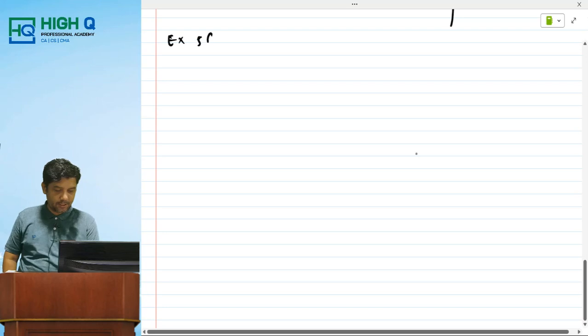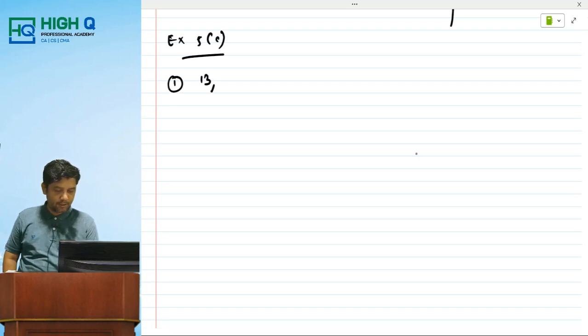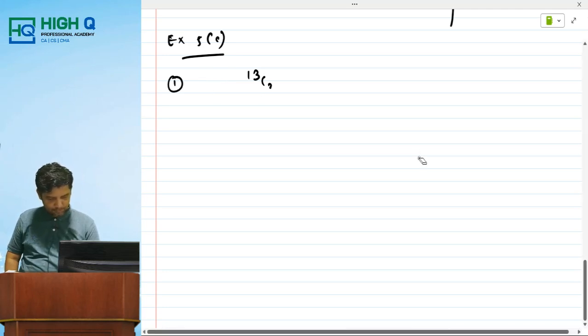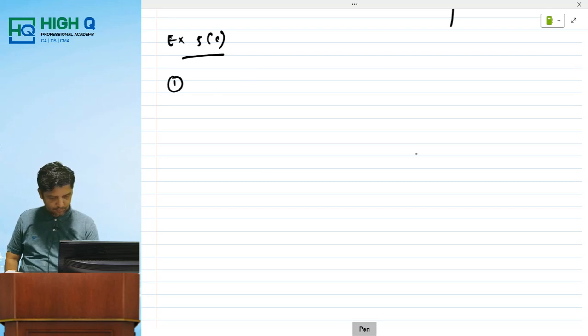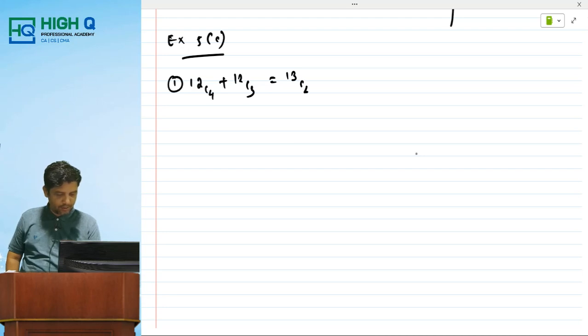Exercise 5C, question number 1. 12C4 plus 12C3 is equal to 13C4.